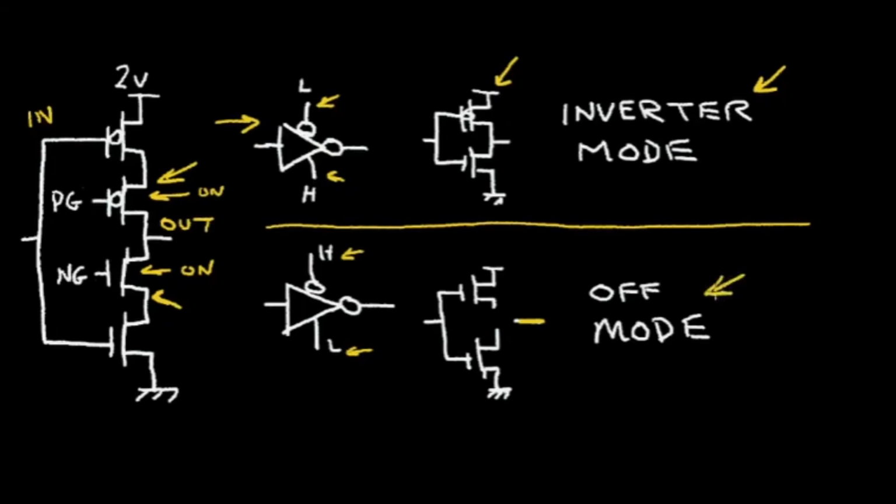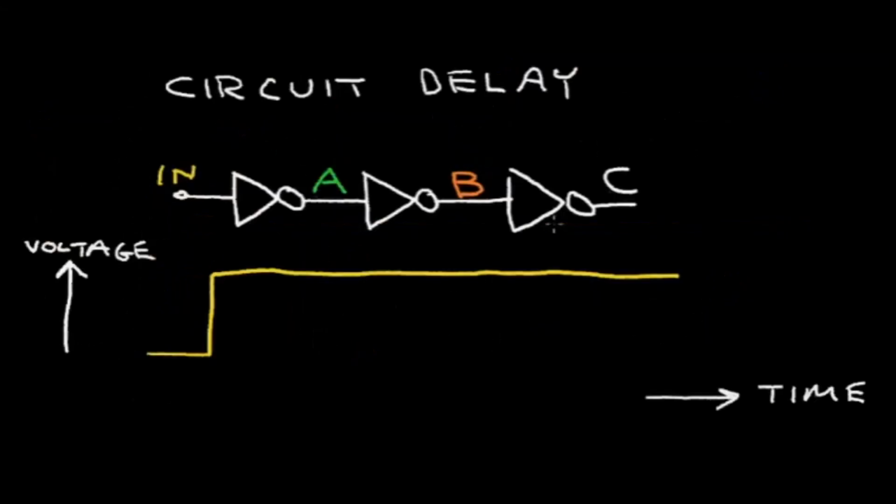But before we describe the operation of the D-Flip Flop, let's present the concept of circuit delay. Here I've drawn three inverters in series. I've labeled the input of the first inverter in.